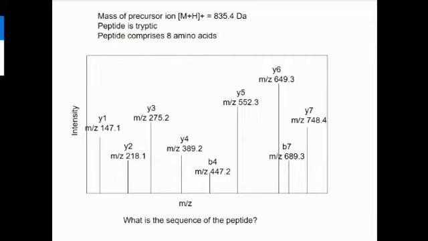Right, so what goes here then? What residue have we got here? Okay, and then we keep going. Now we're at 5. What have we got here? Here, just subtract Y4 from Y5.